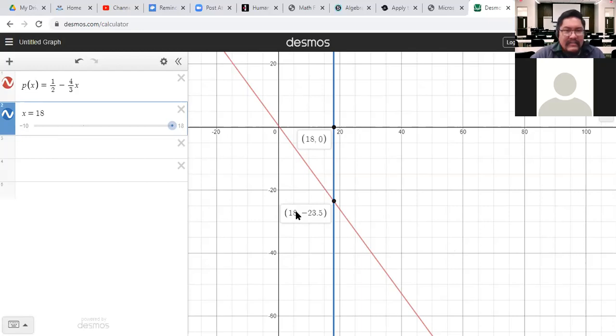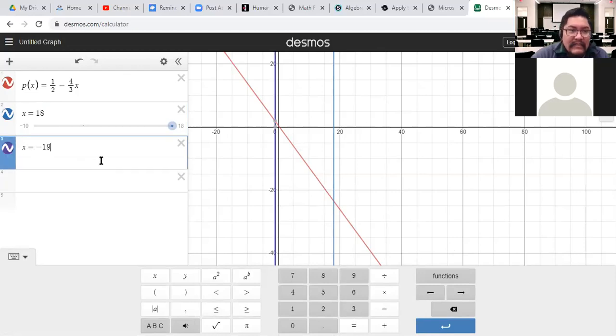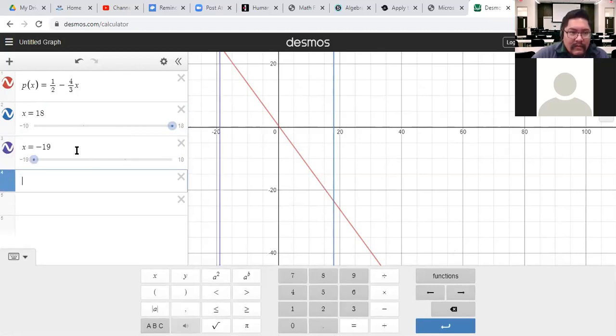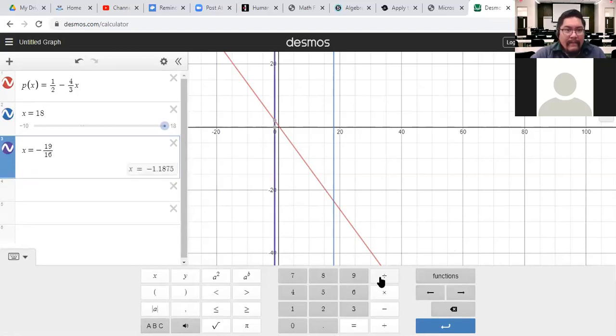So like, let's say number 7. If you got your packet in front of you, let's look at number 7. I'm gonna make another line where X equals, what was the input for that one? Negative 19 over 16. And what was that?